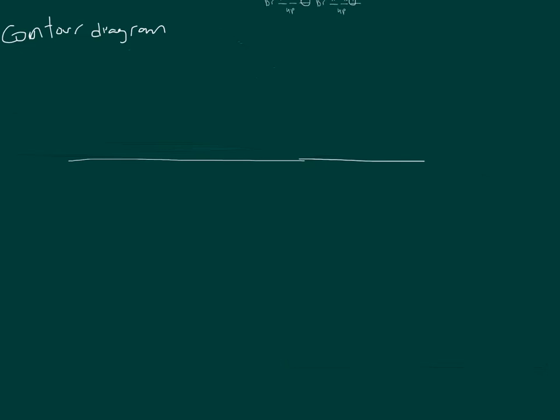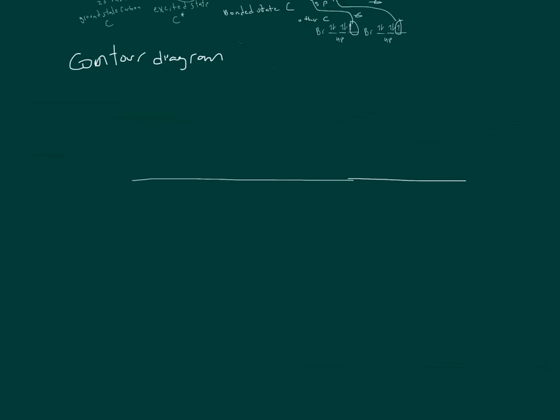Alright, now what we would be able to do is draw the first carbon, the second carbon. We'd also need to draw the lineouts for the bromine as well, which would attach from the top. These here, and these here.